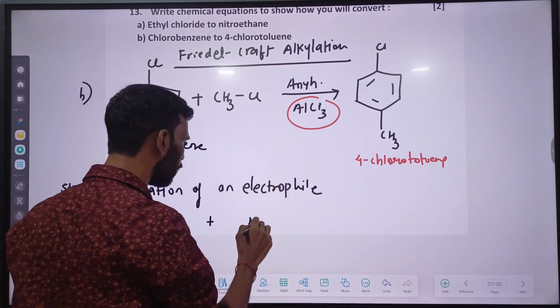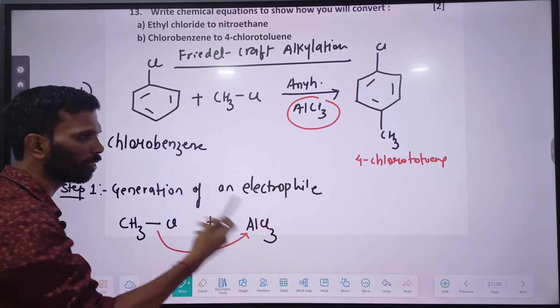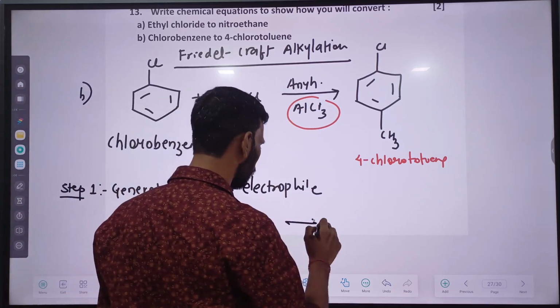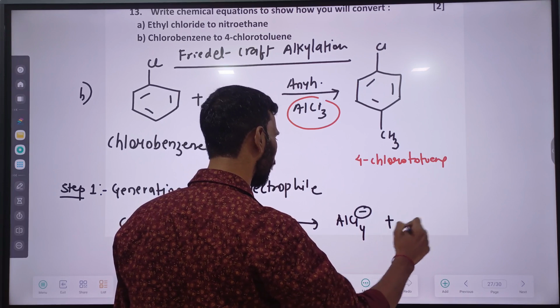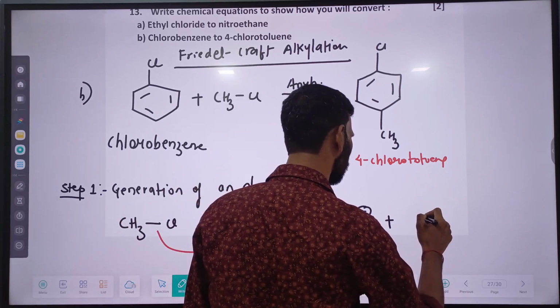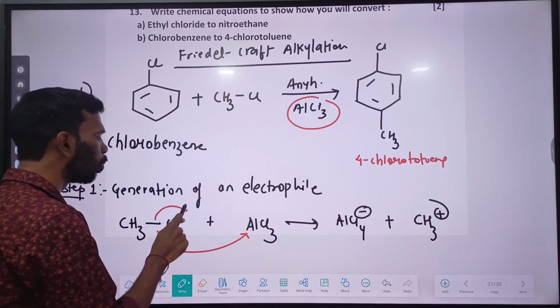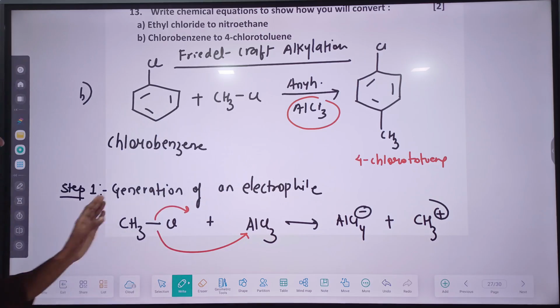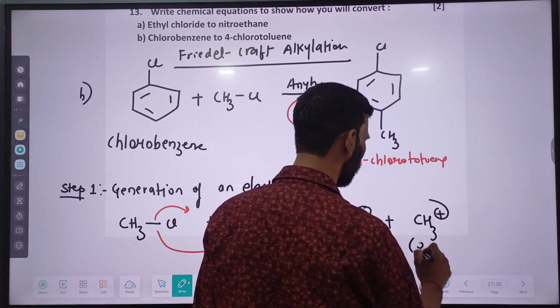How will it be generated? This way. Lewis acid always needs electrons, so this is AlCl4 minus and CH3 plus will be generated. Since chlorine is more electronegative, chlorine will go and a carbocation will be formed on the carbon. So this is the electrophile which is generated.